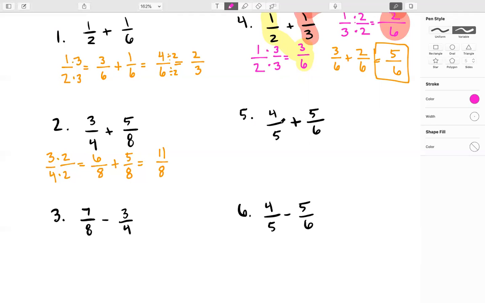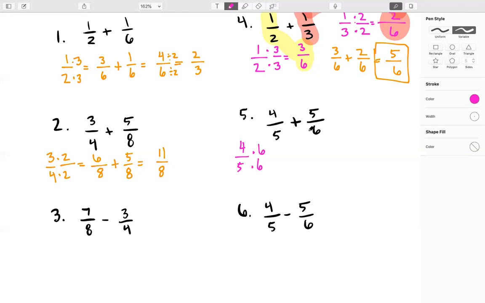Assuming you've given it a try, 4/5 plus 5/6, we are going to multiply 4/5 by 6 over 6.